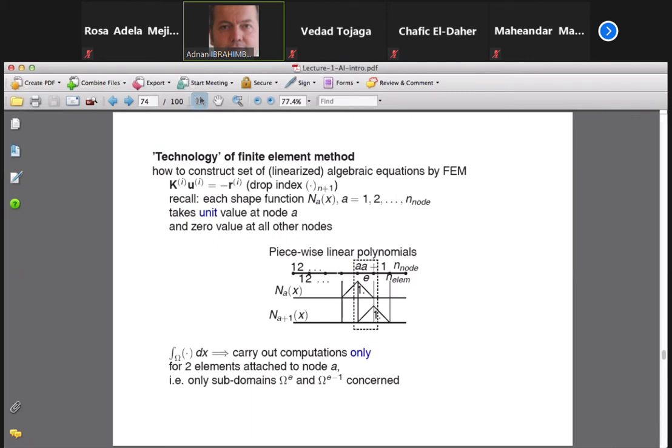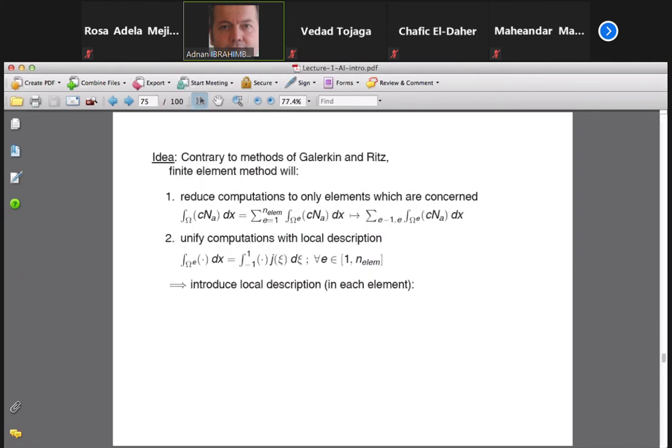But if you want to compute them in the same way, then you say, okay, I replace my coordinate x by the so-called natural coordinate psi, and that one goes always from -1 to +1. You'll see that this is really imposed by the numerical integration points. So the idea here is that with this, I'm now able to do the computation for each and every element in a very unified manner.